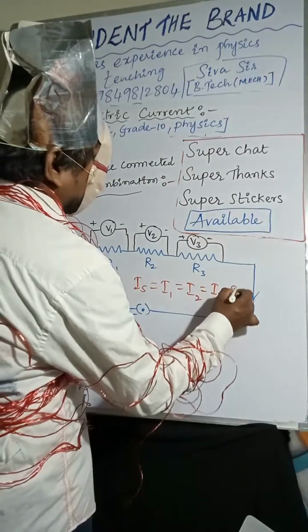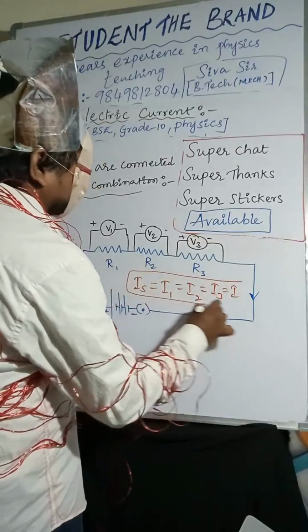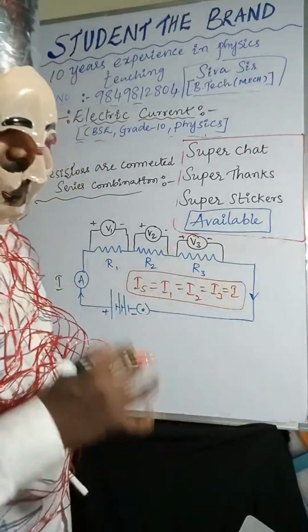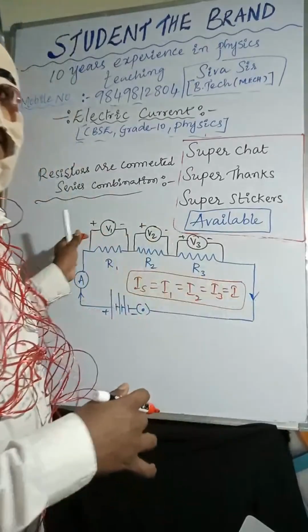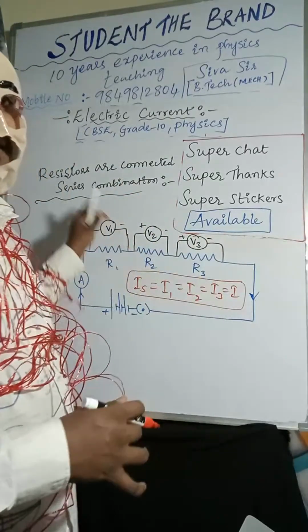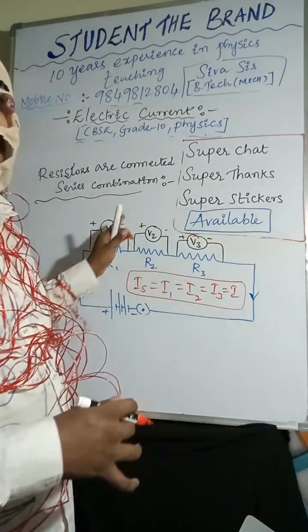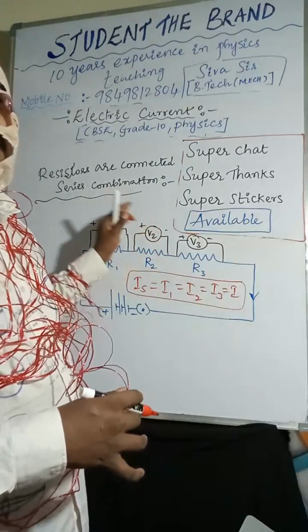That is equal to I only, because the current is the same throughout the entire circuit.